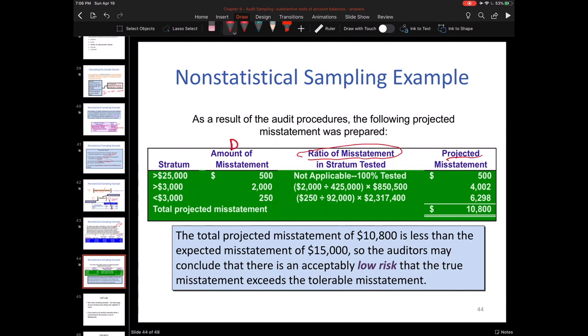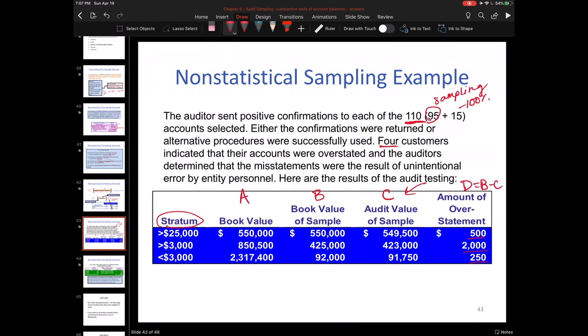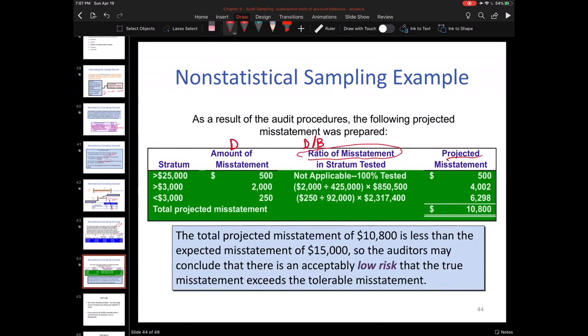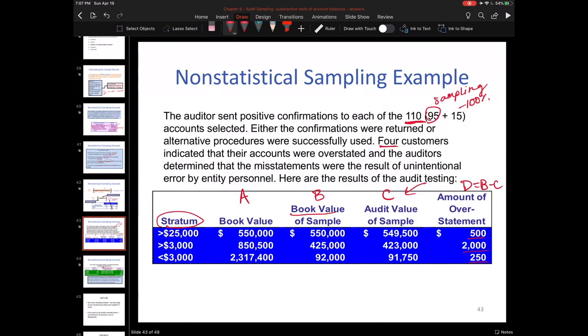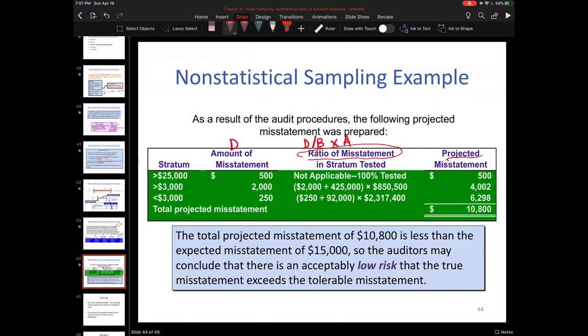That's just amount D, or column D. Then when I calculate my ratio of misstatement, all that's happening is it is just D divided by the book value of the sample, B, and then multiplied by the book value of the layer, A. So very simple, it's just the ratio projection that we were doing earlier. It's just doing it on a layer by layer basis.